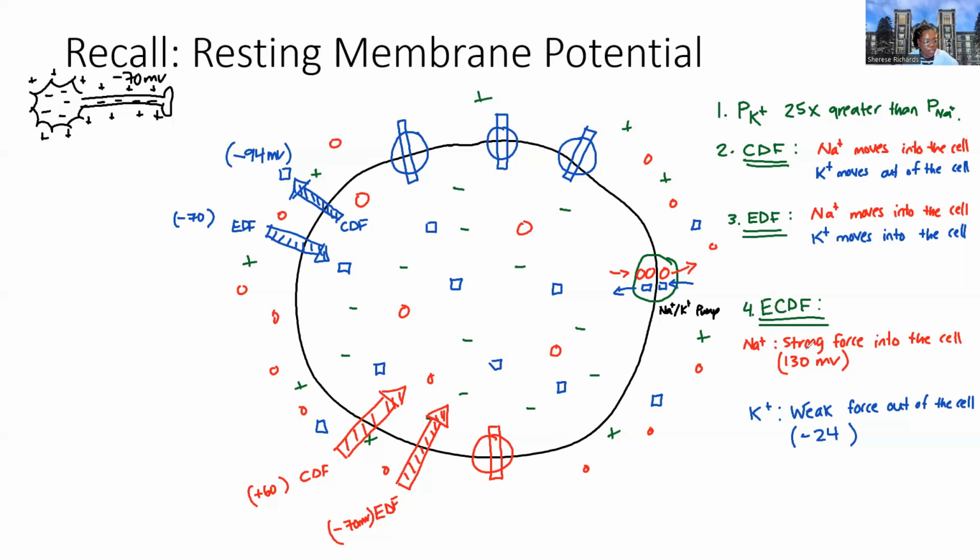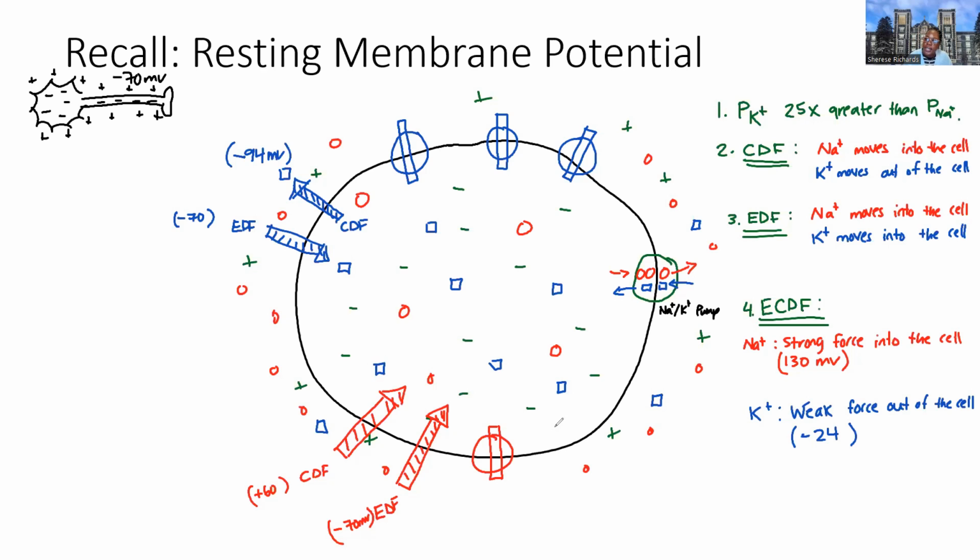All right, any questions on reviewing this? As I mentioned earlier, this is extremely important to understanding how we can excite the cell, basically thinking about what ions are moving when the cell is at rest, and then thinking about opening up additional channels.